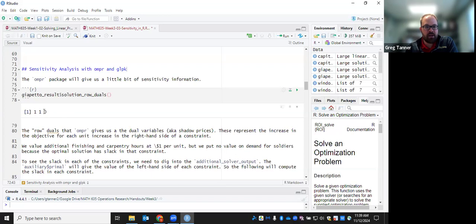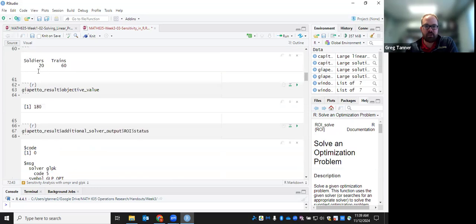Whereas the demand for soldiers has a dual variable or shadow price of 0, meaning that it gets us no additional value by increasing the demand for soldiers, mostly because we're not currently demand limited. We're only making 20 soldiers, and the demand limit for soldiers was 40.